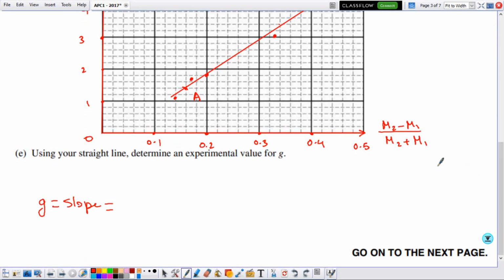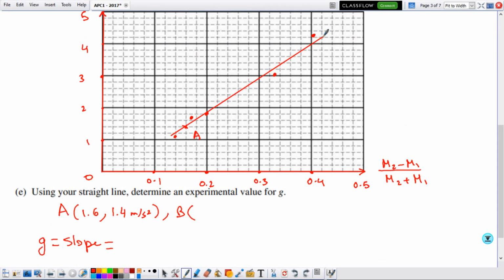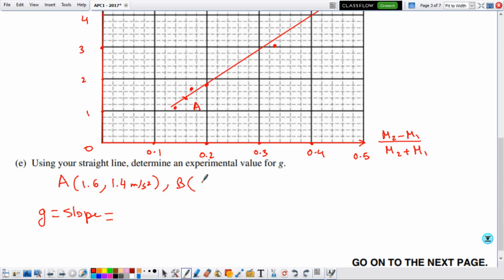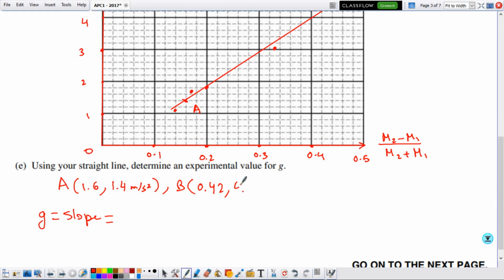The coordinates of this point A are 0.16 with no unit, and 1.4, and the unit along the vertical is meter per second square. Now B is this choice given by 0.42 with no unit, and its vertical would be given by 4.2 meter per second square.